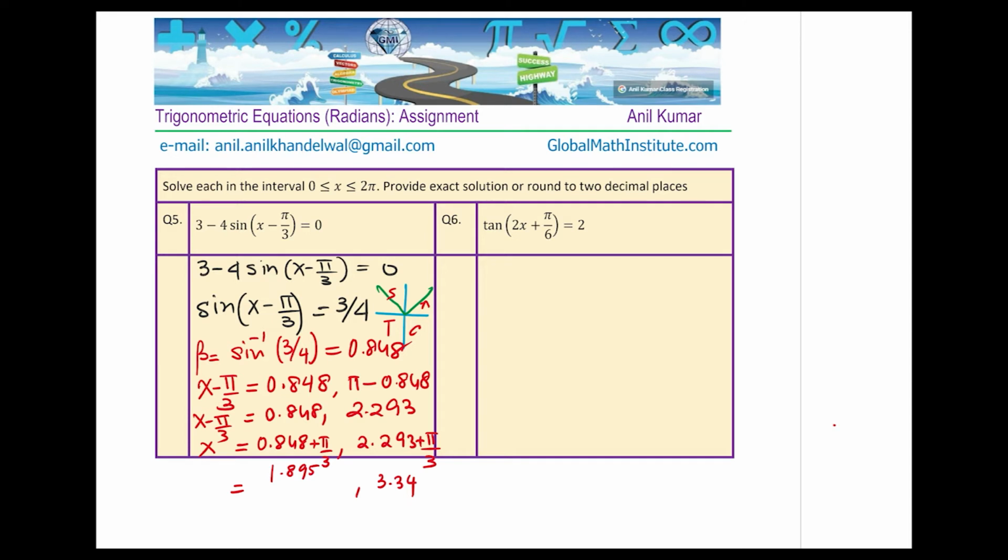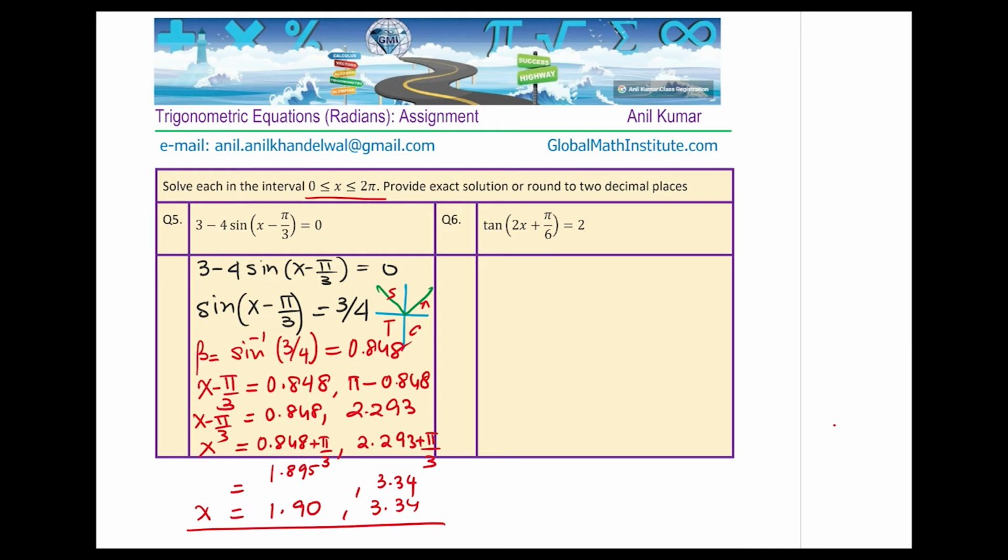Now rounding them to two decimal places, we get 1.90 and 3.34. Both of them are within 0 to 2 pi, and so that is the solution for this particular equation.